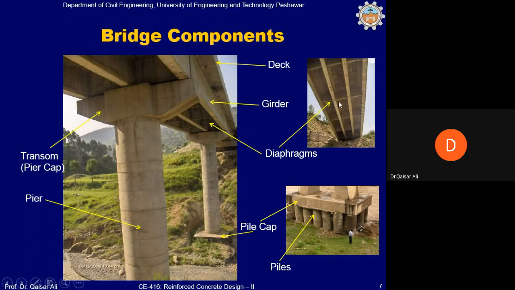So these girders are then also joined or connected across their width, which is the transverse direction.